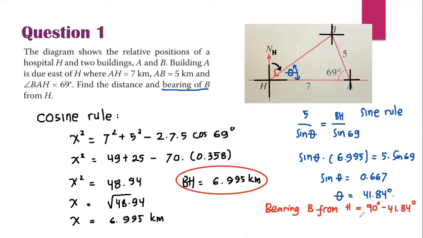Okay, so we can use the calculator. The bearing is 048.16, so 048 degrees, yeah, significant figures. For the bearing must be 3 SF, 3 significant figures. So bearing B from H is 048. Very easy, right? Okay, good.